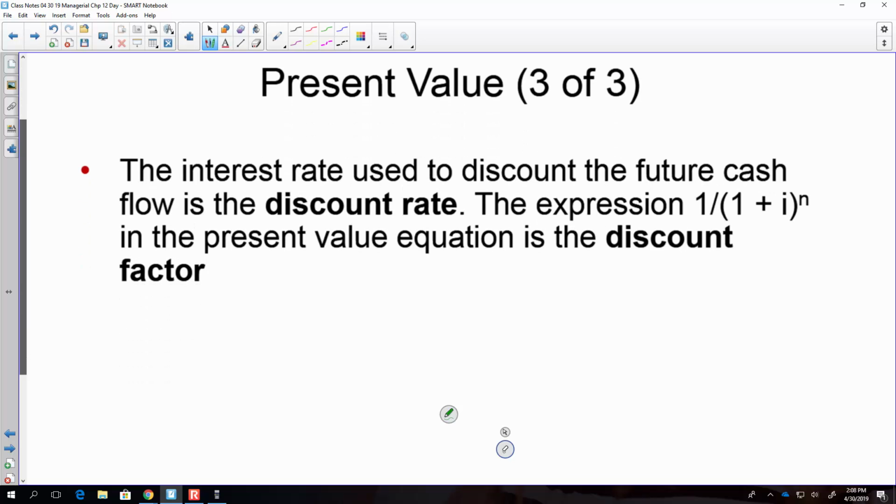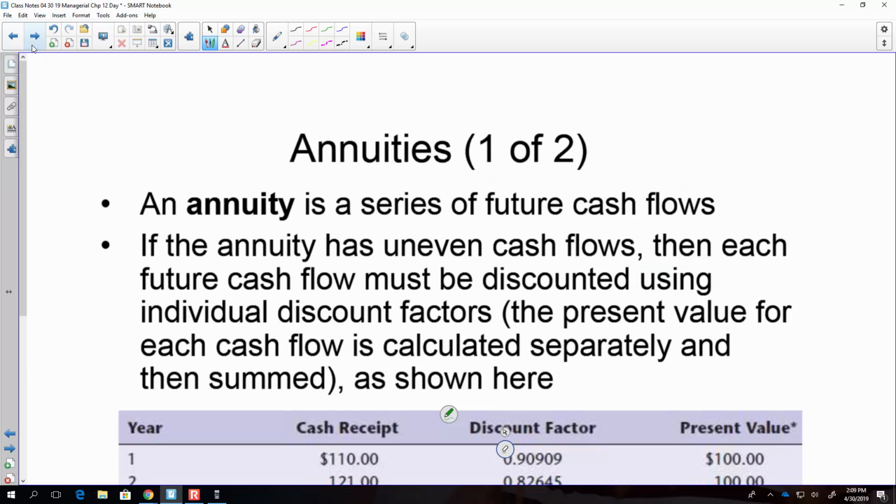There's a difference between discount rate, which is the interest rate basically, and discount factor, that's what's in our tables, our present value tables. So that's those numbers, 4.3352 or whatever that is. That's a discount factor. So just know that terminology.